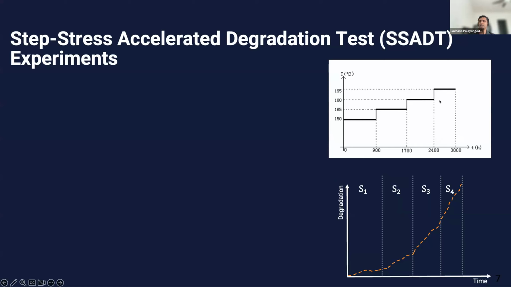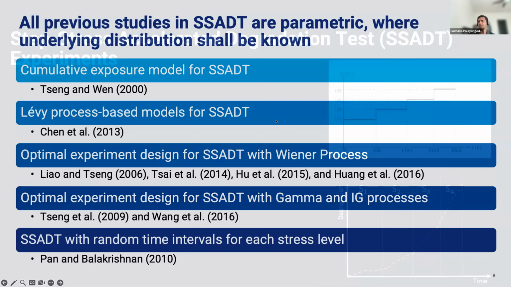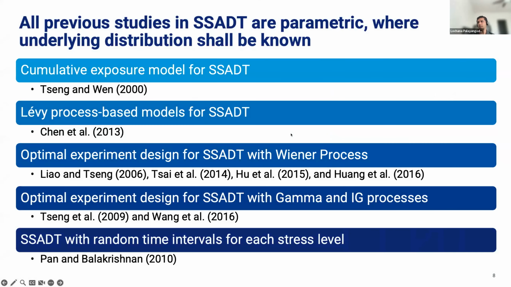This way we can accelerate the depreciation or degradation of the product, so we don't need to worry about slow depreciation. We apply high stress systematically to accelerate our product degradation.